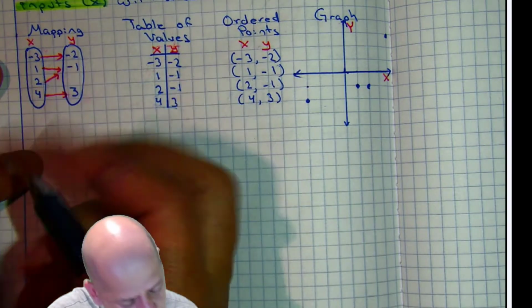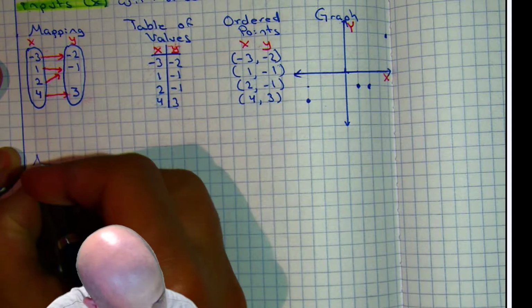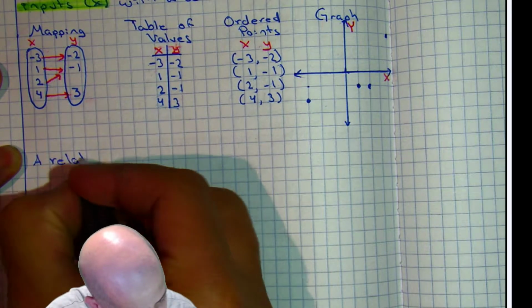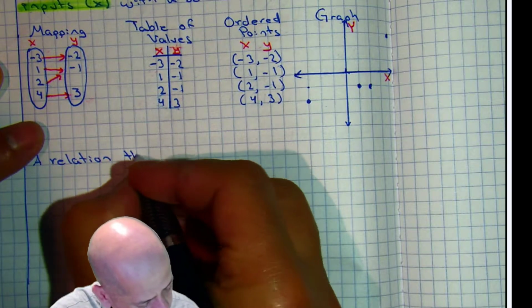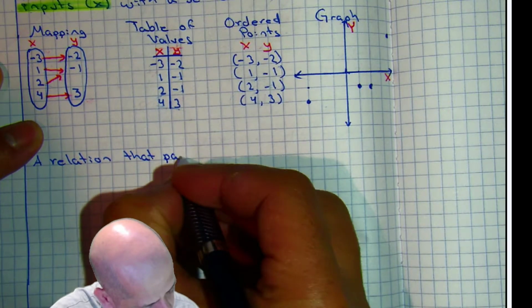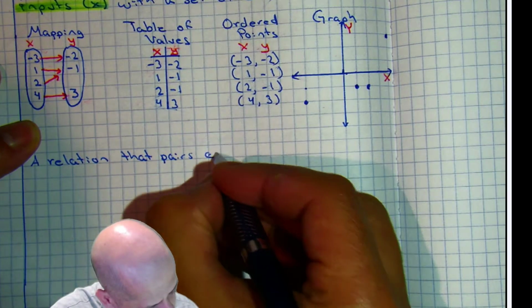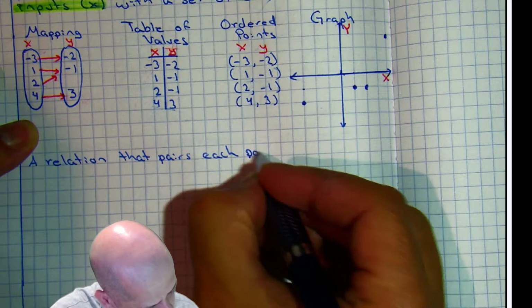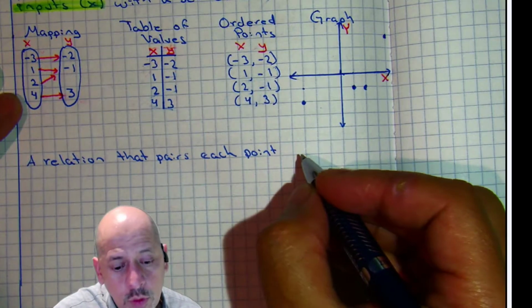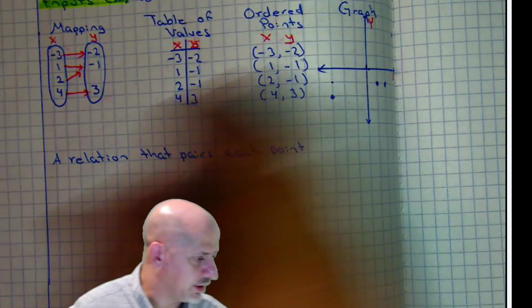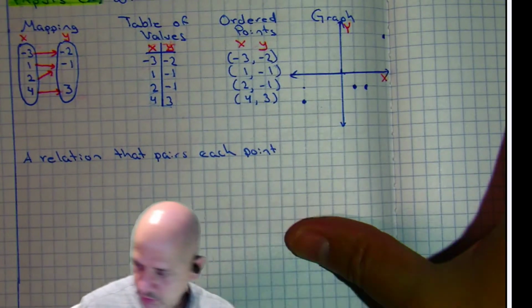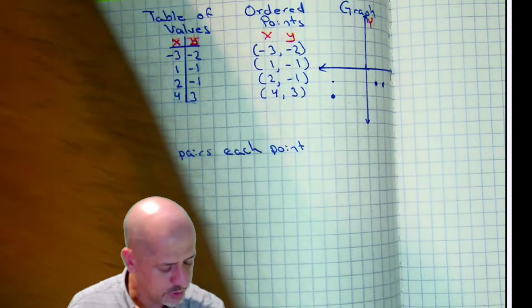So we have a relation that pairs each input with one output.